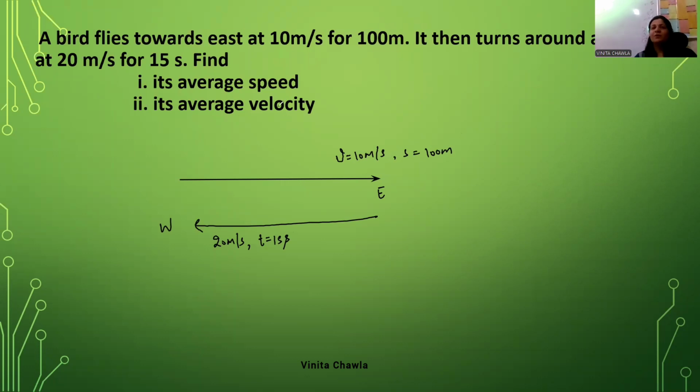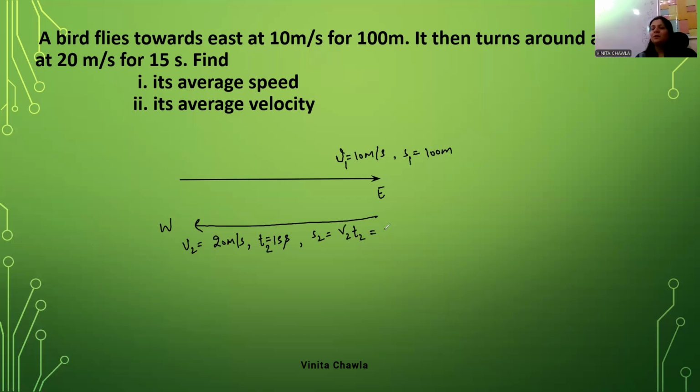Okay. So we need to find total distance and total time taken first. When it is moving with a velocity of 20 meter per second, and time is given, it is 15 seconds, you can find the distance. Let's take V1 and S1, and T2 and V2. So we can find S2. S2 is V2 into T2.